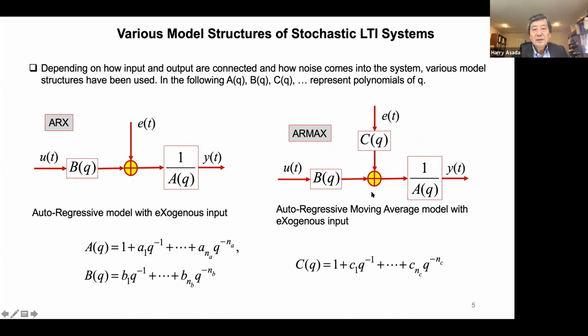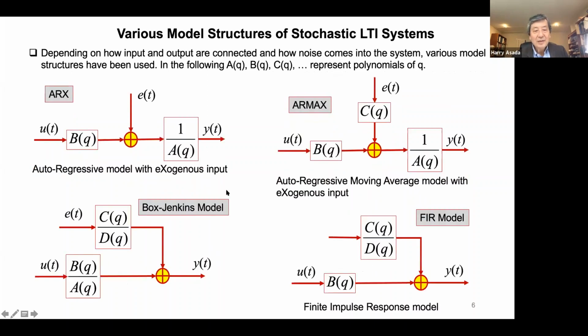Okay. Now, there are many other models like Box-Jenkins. In that model, the two channels are completely different, through different transfer functions. And in the FIR model, the difference is that A(q) is 1. A(q) is not showing anything, just B(q).